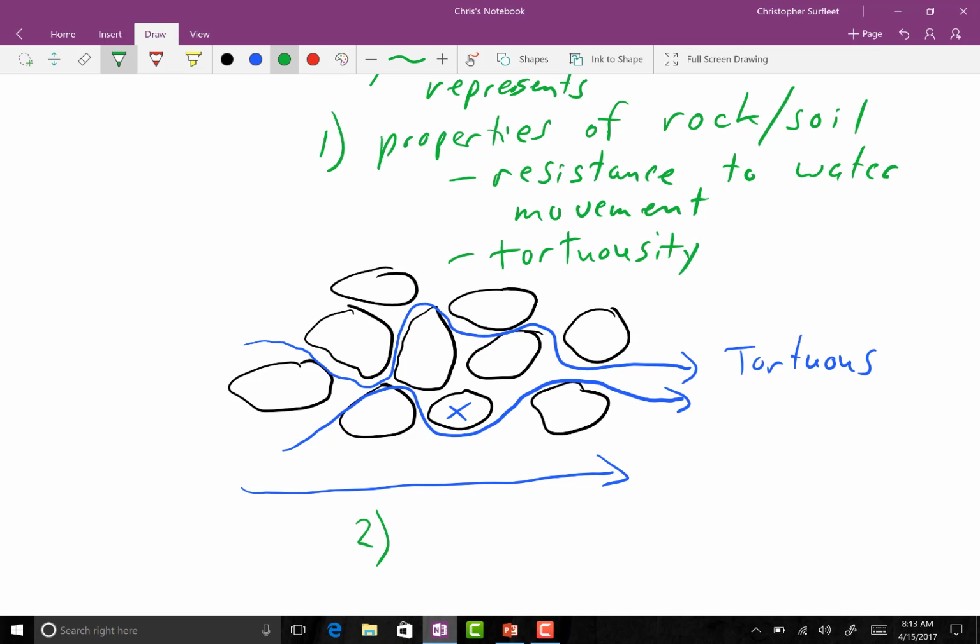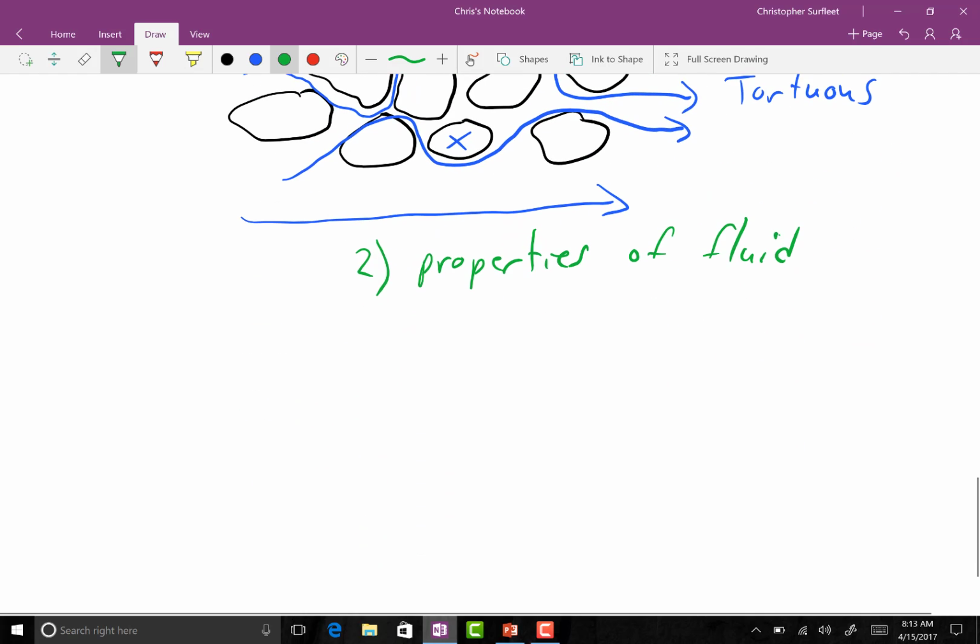Okay, the second one is the properties of the fluid. So our hydraulic conductivity takes into account essentially the viscosity of the fluid. Viscosity is essentially a measurement of how well the molecules will flow amongst each other.